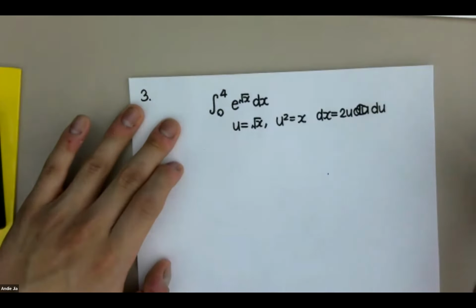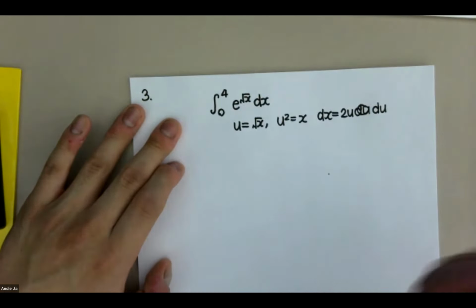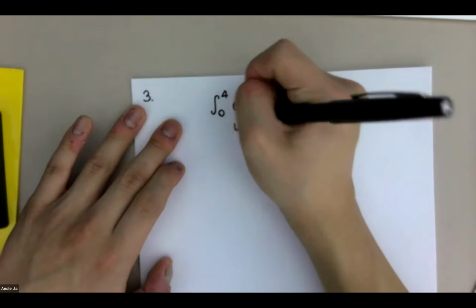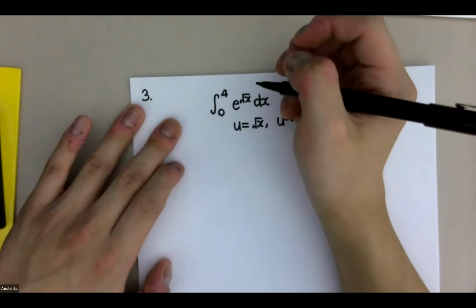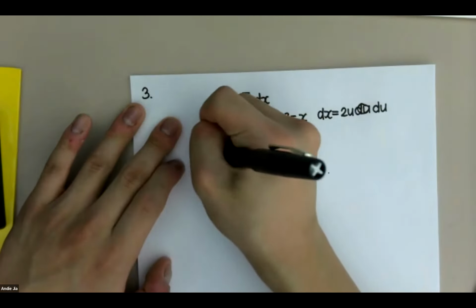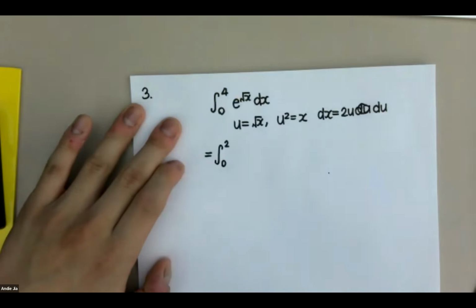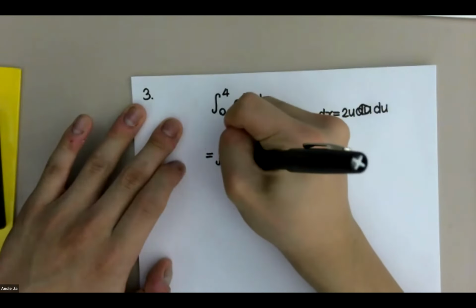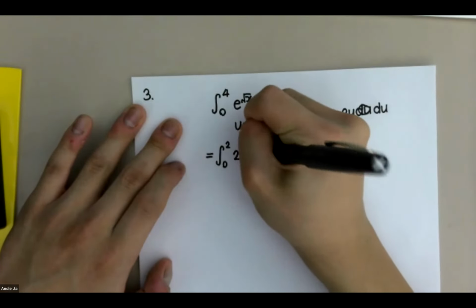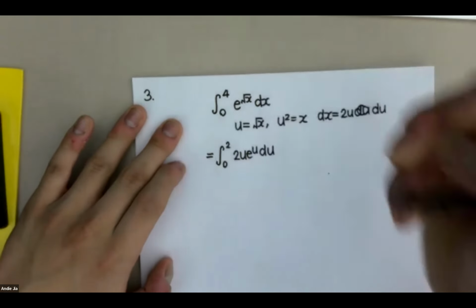When we make the u substitution, we change the bounds because it's a definite integral. So the lower bound becomes 0 and the upper bound is 2. So we have the integral of 2u e^u du.